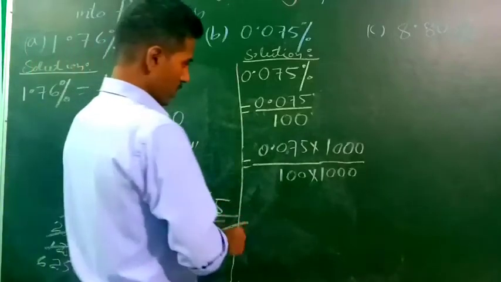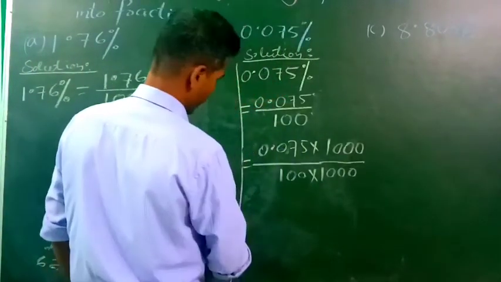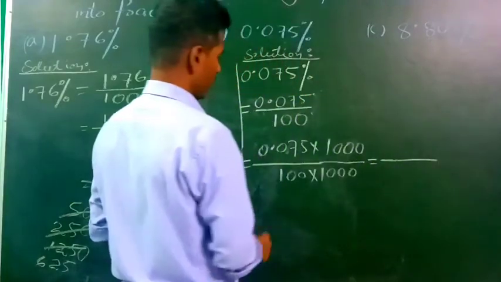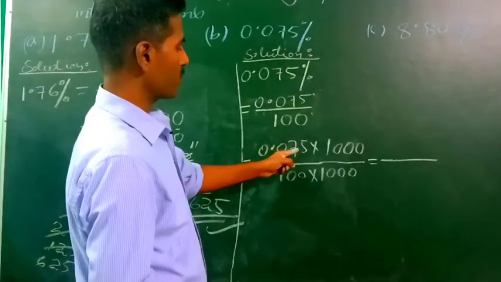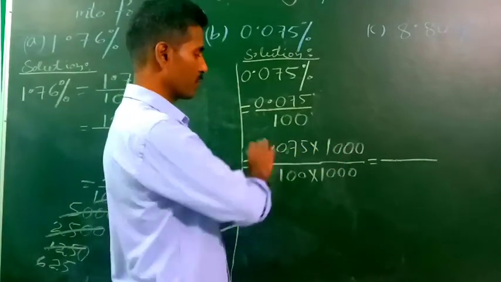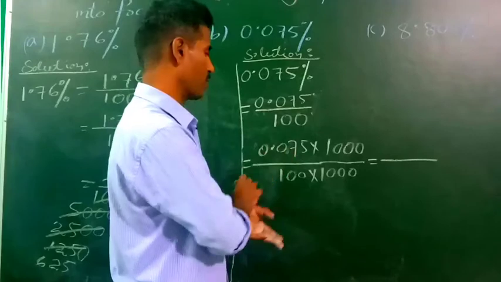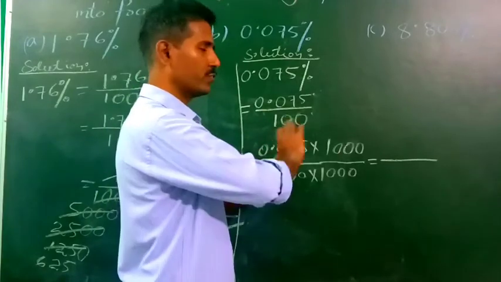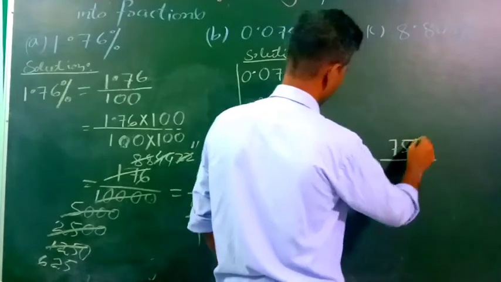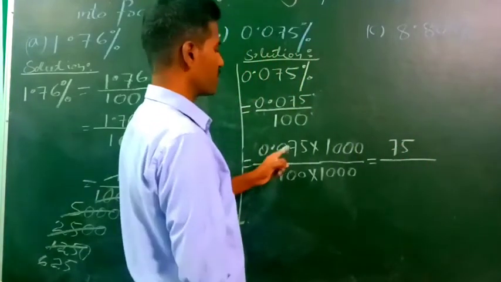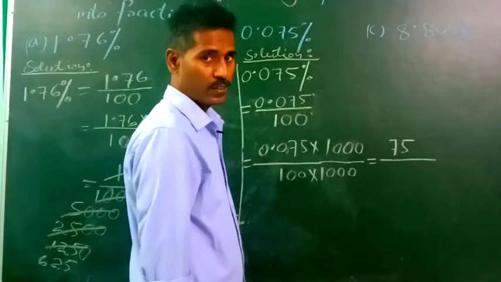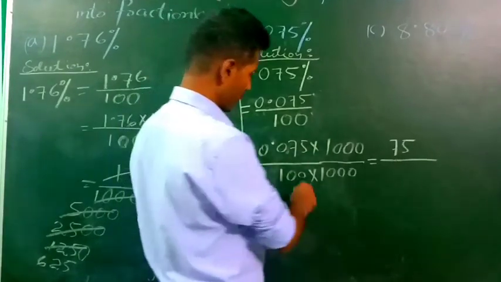Now see, in the following step, what do you get? 0.075 after multiplying by 1000, the decimal will go 3 digits left to right. That means it will become 75. Understood?